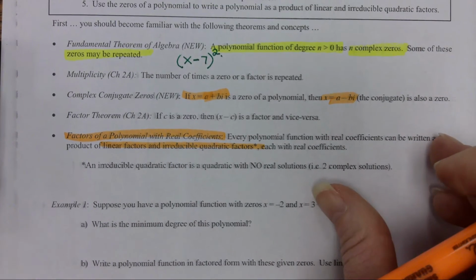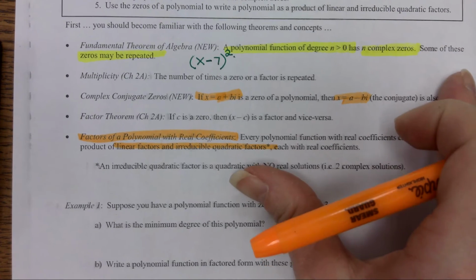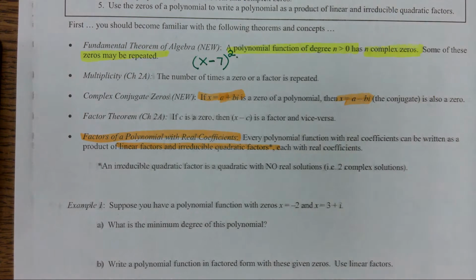I'll show you. An irreducible quadratic means it's impossible to go any further without them being imaginary. In other words, you can't see any more zeros on your graph. That's what that means. What we're then going to do is one step further today, and we're going to go into linear factors, and linear factors are going to have i's in them.